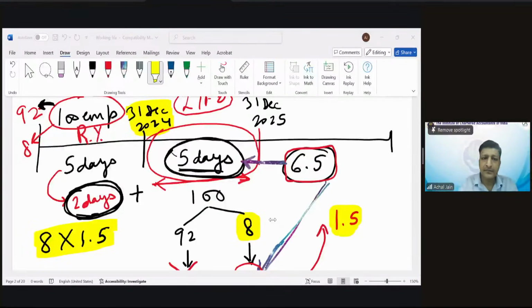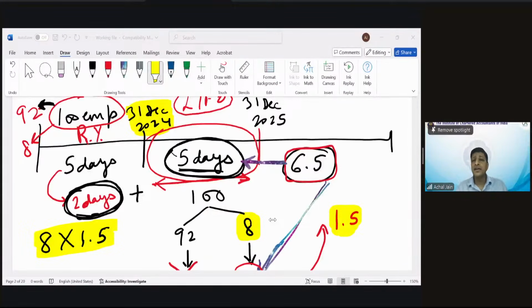Sir, I wanted to ask, if the rest of the 92 employees also have availed the 2 days leave which was available to them, will the company have to record the 200 days liability? See, that will again be dependent on the expectation of the entity.